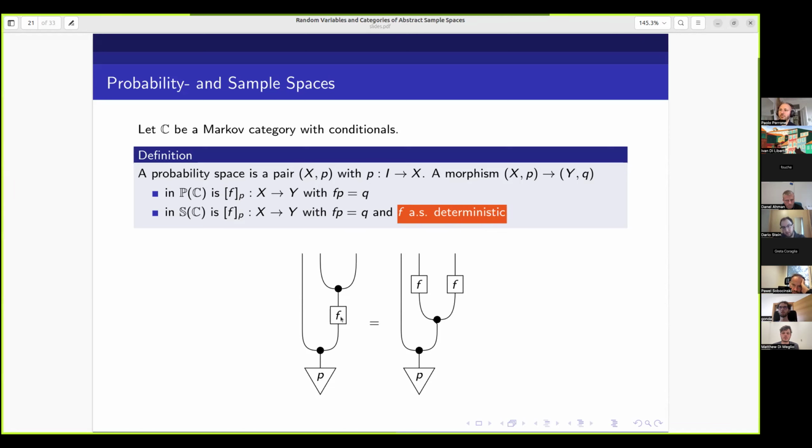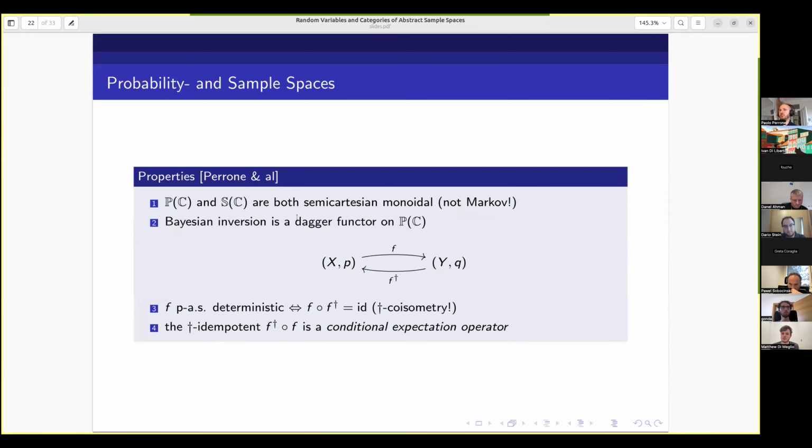Again, you show that F preserves copying, but there's a P at the bottom. So this is F being almost surely deterministic. This forms the category S of C, the sample spaces of C, which are these pairs with this notion of map. And we can say all sorts of nice things about these categories.